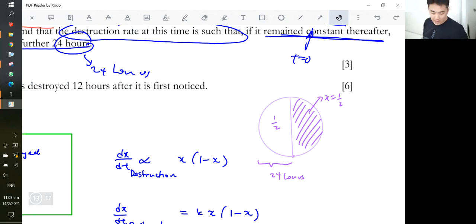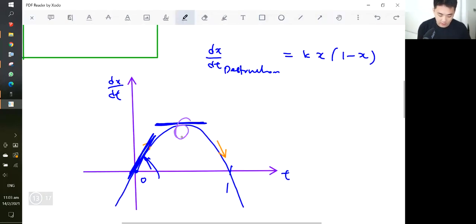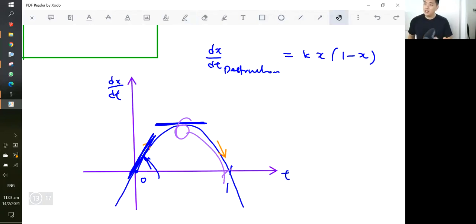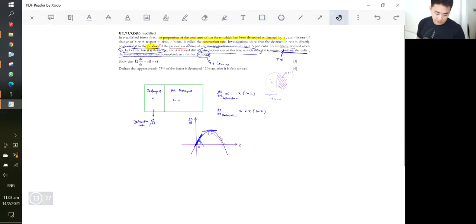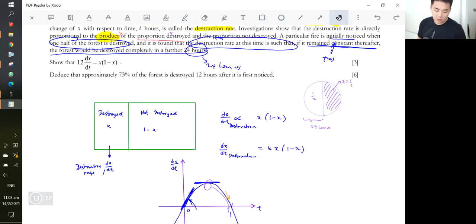All right, I repeat. We know that the rate is not held constant. Obviously it's not, but hypothetically, it will take 24 hours to burn. That is what they are trying to say. It's just very confusing. It throws you off.